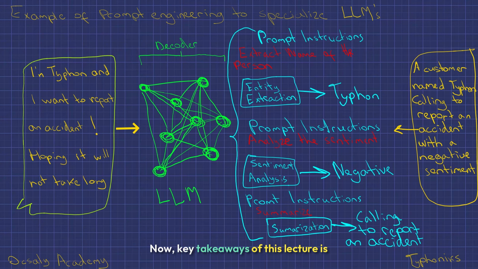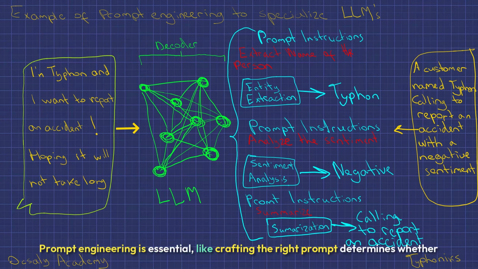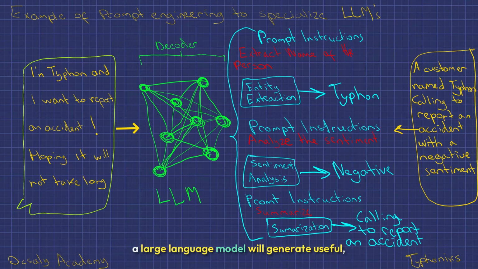Now, the key takeaways of this lecture: prompt engineering is essential. Crafting the right prompt determines whether a large language model will generate useful, accurate, and contextually appropriate outputs. LLMs can perform multiple tasks with proper prompting.